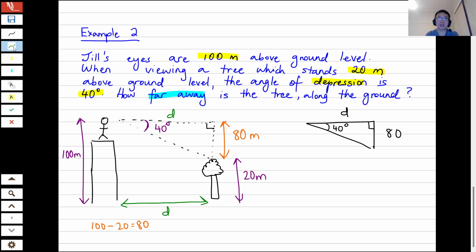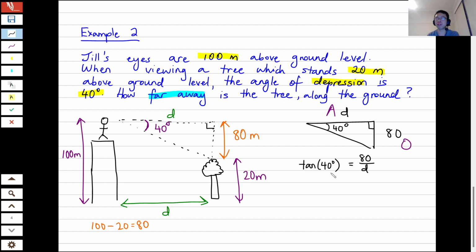If I want to, I can label the sides of the triangle again, O and A. And since I've got O and A, the trigonometric ratio I want to use is tan. So tan of 40 degrees equals opposite over adjacent, or in this case 80 divided by D.